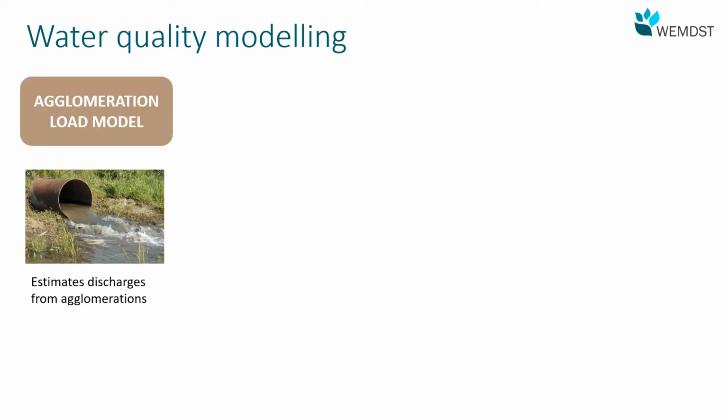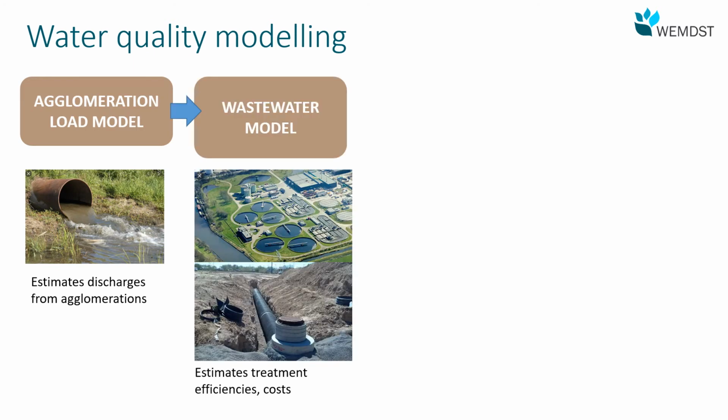How do we do water quality modeling in the WEMDST tool? First, we have an agglomeration load model. This is the mathematical model that was described in the previous picture, and it estimates discharges from agglomerations, but without treatment applied. Then the loads could be reduced due to the wastewater model.